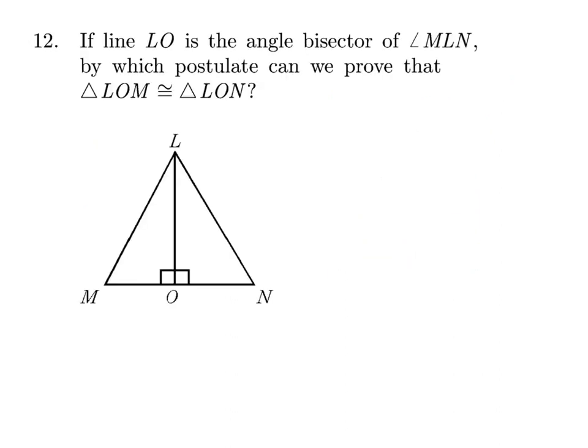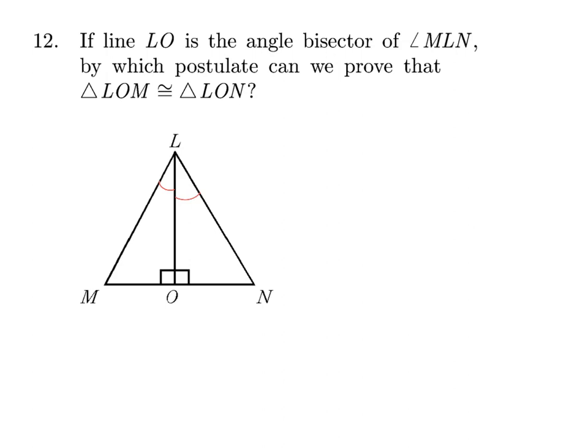All right, if line LO is the angle bisector of angle MLN, okay, it bisects this angle. By which postulate can we prove that LOM is congruent to LON? Okay, so we have the angles are bisected. We know those are congruent.